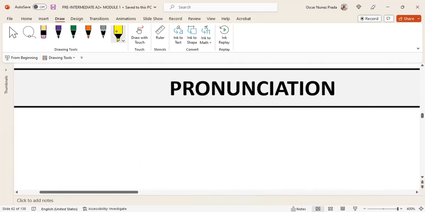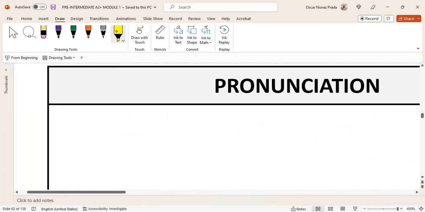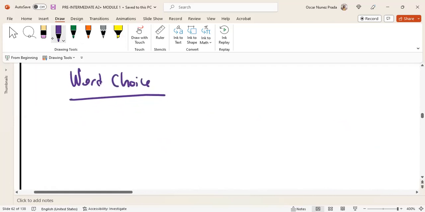Now, for pronunciation, let's see. You have good pronunciation. Just make sure that when you select a word, let's call it word choice, word choice is the word you want to use. Let's say that you know that you always use words like this. Colleagues.